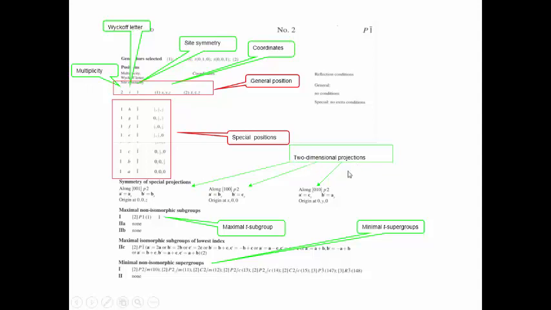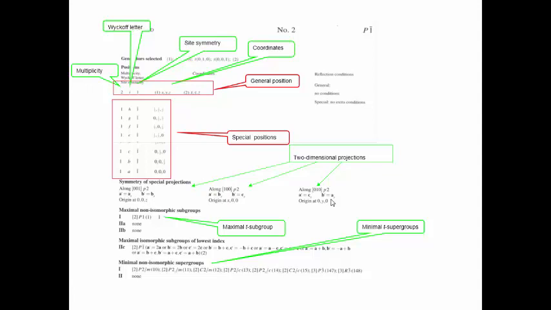Now, these are the two-dimensional projections, and these are very, very important because the two-dimensional projections are your old friends, and in this case, they're P2. The two-dimensional projections are going to be one of the 17 planar groups.